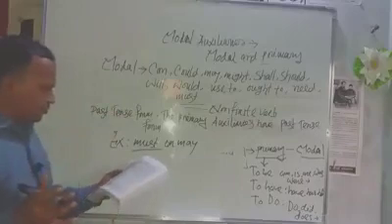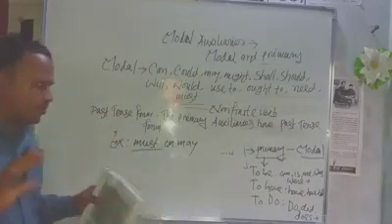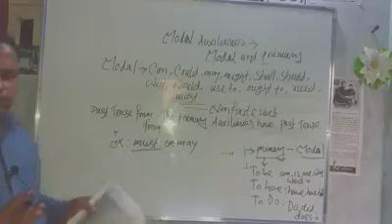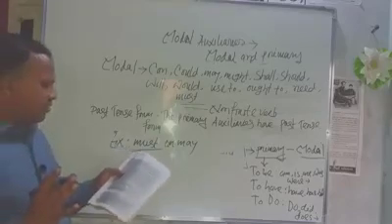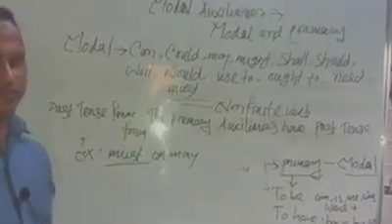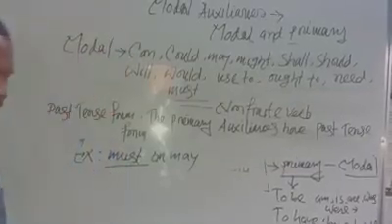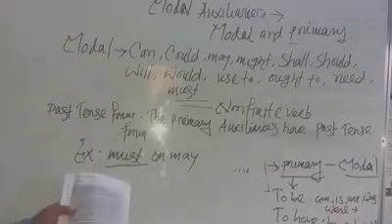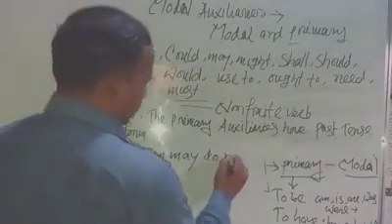You have noticed that the primary auxiliaries always have a first form, and the modal auxiliaries do not. Such as must or may do not have the first form. You know that in the previous classes I also discussed that must or may do not have a first form.